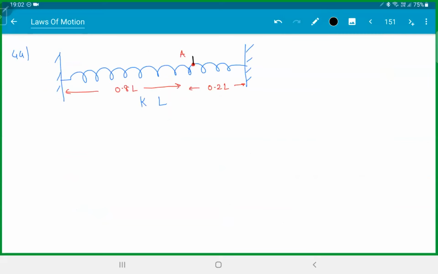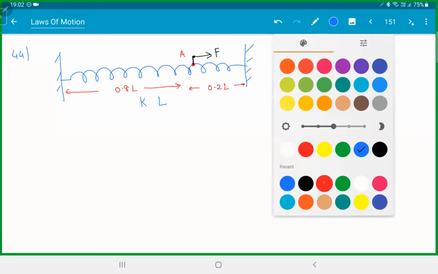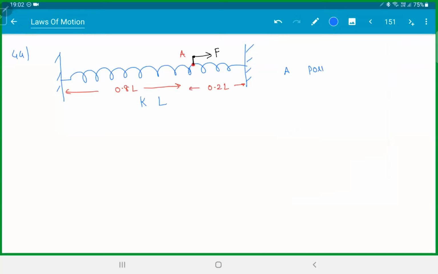You kept something like a rod and you're pulling with force F. Point A on the spring is pulled by a force F. Find the distance moved by the point A when the system is in equilibrium.